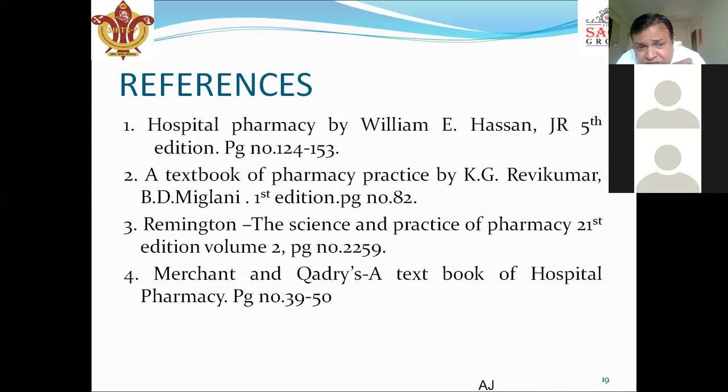Some books available in the market: Textbook of Pharmacy Practice by KG Ravi Kumar, Remington, Remington Pharmaceutical Sciences, that is also available in our library. And one is Merchant Kadri's book, Textbook of Hospital Pharmacy, published by Saha and Saha publication. That is also a good book for hospital pharmacy. You can use that for this chapter and the other chapters that I already taught you.